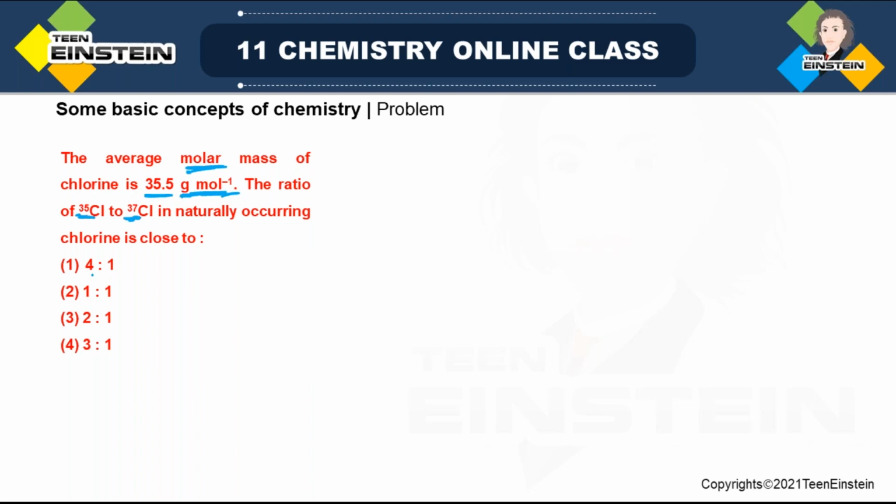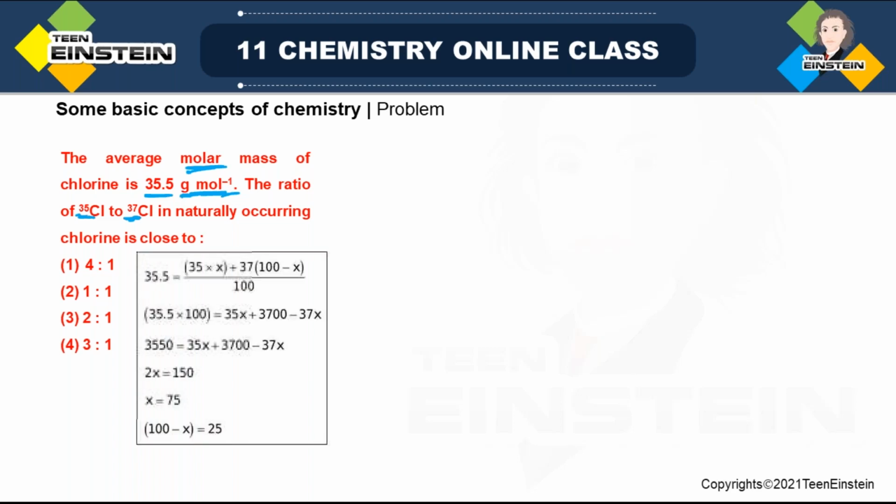So now the average value is given and you have to find their abundance. In the previous 2 calculations, abundance was given and you calculated the average atomic mass, but now the average value is given and we have to do the reverse process. You have to find the abundance of chlorine-35 and chlorine-37, and once you know the abundance, you take the ratio.